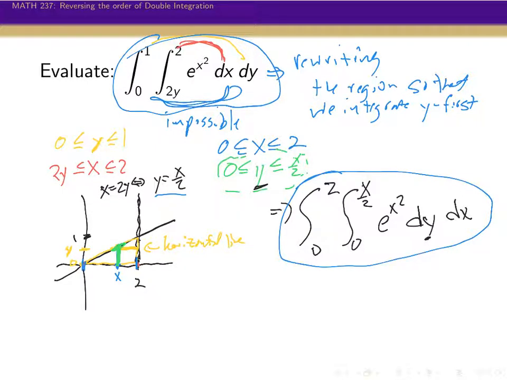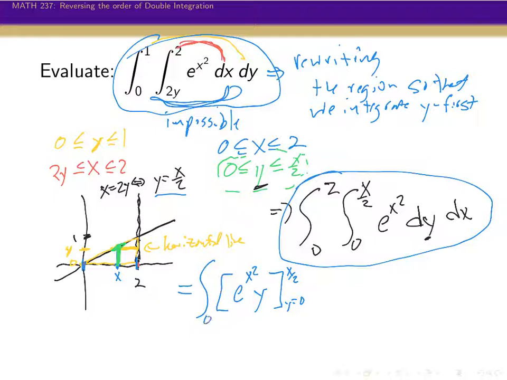Okay. So first we're integrating in terms of y. There's no y's here. The e to the x squared is just a constant. And so working this out, we're going to get e to the x squared times y, as y goes from 0 to x over 2.